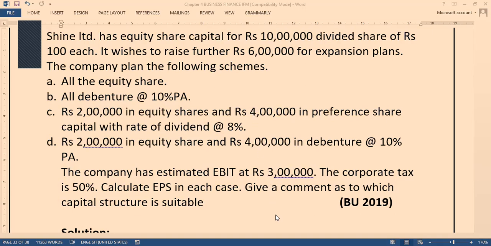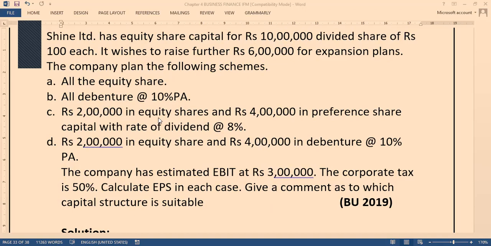Okay. Now let us try to read the question, what information is given. Shine Limited has equity share capital of rupees 10 lakh, with shares of rupees 100 each. It wishes to raise a further 6 lakh for expansion. The company plans the following schemes: all equity share, all debenture at 10% per annum.